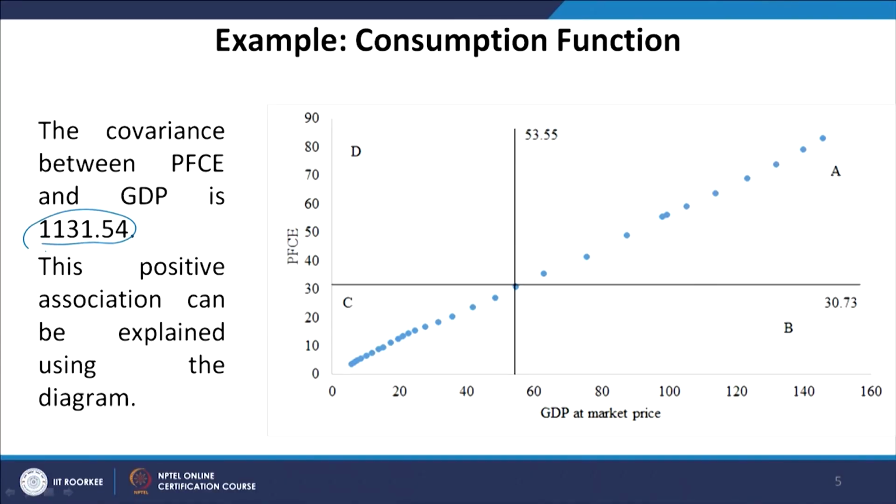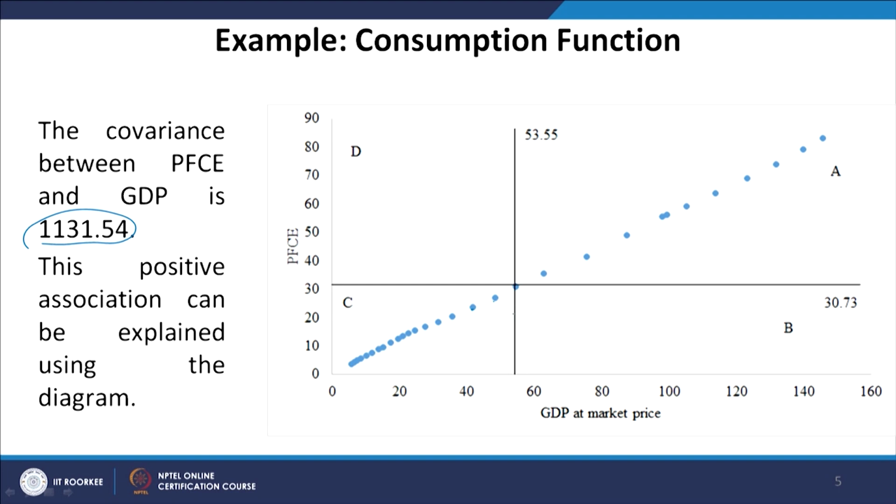1131.54. Okay. Now, you can see that the consumption is averaged at 30.73 and GDP at market price is averaged at 53.55. So, all these values which are basically below this 30.73 line, when the average is subtracted from individual consumption values, then this would be negative.